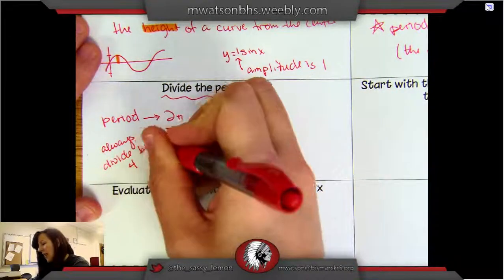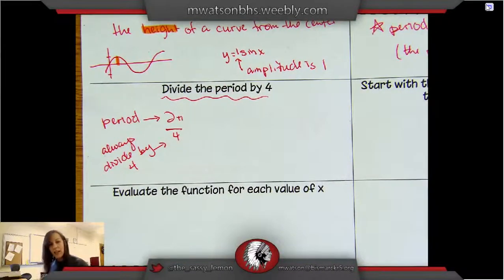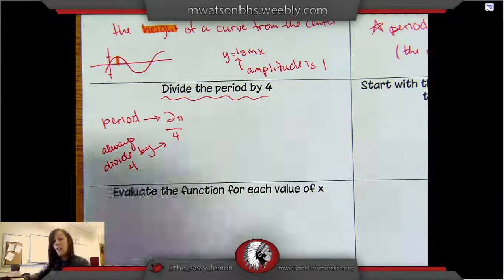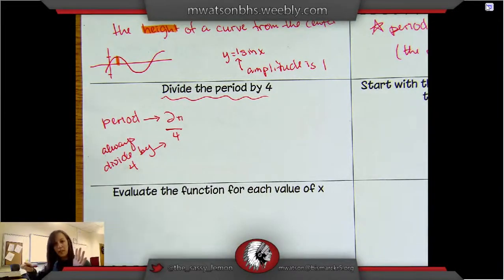The reason is that a period is how long it takes before it repeats, and we're just going to chop it into 4 pieces so we can see where the graph is at those 4 different pieces. We're just arbitrarily deciding. You could always divide by 6, but who wants to graph 6 points? Let's just graph 4.